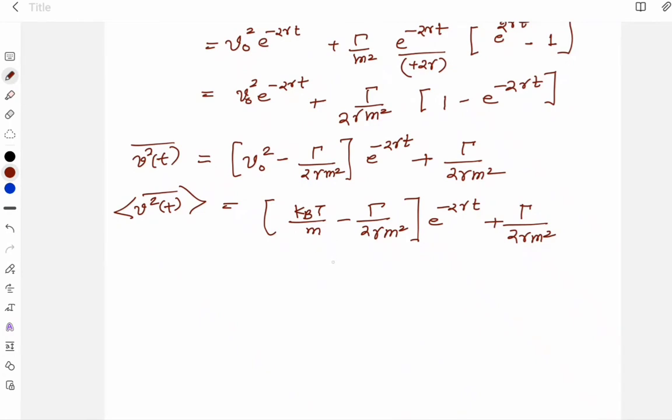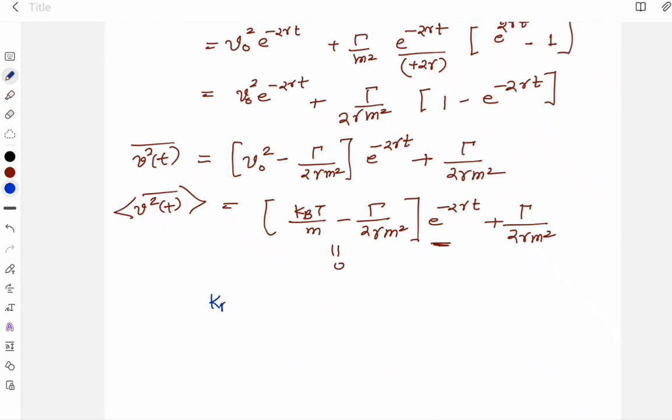Now you expect that there should not be any time dependence, right? But this is coming. So we have already assumed that our Brownian particle is in thermal equilibrium, so there should not be any time dependence, so this term must be 0, right?